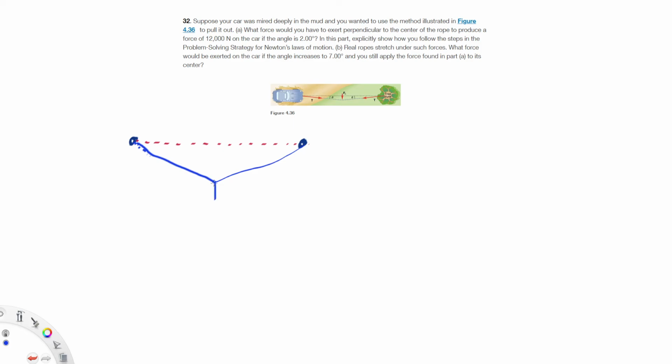Right, because we're pulling on it with some force. In fact, I'm just going to call this P for pulling. And then we make an angle here, right? We pull at a certain number of degrees out of true with that force.